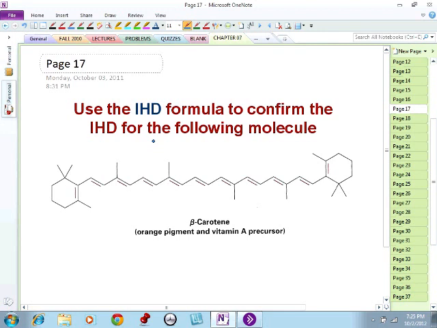What is the index of hydrogen deficiency here? Exactly. Let us count it. The one ring is 1, right? Double bond, that's 2. That's 3, 4, 5, 6, 7, 8, 9, 10, 11, 12, and then the ring 13.